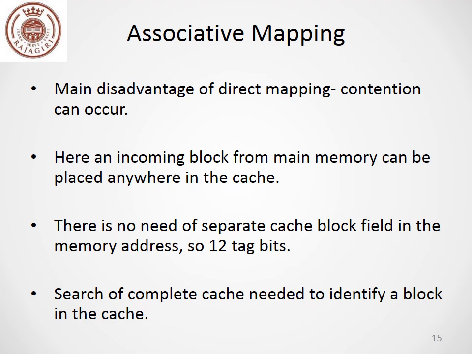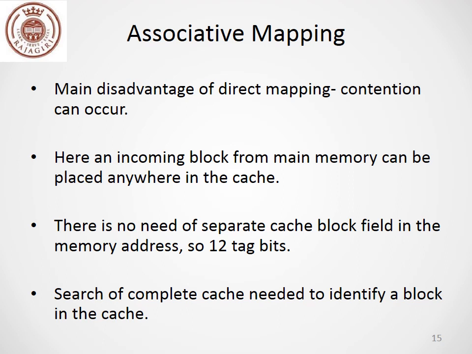We only require some bits to identify which word I want to access, and the rest of the bits in the memory address can be used as tag bits. So if I am taking a 16-bit memory address, only 4 bits are needed for identifying the word, whereas the remaining 12 bits can be used as tag bits.